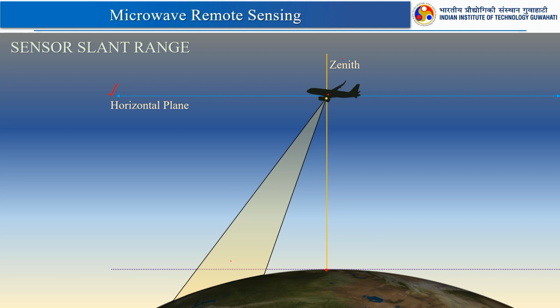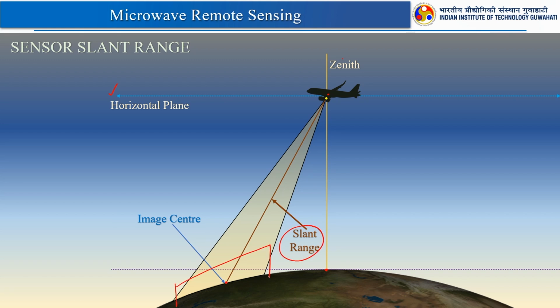This is looking at this particular area with some angle. So, this is called slant range, and this will be the image center because your image will be generated for this particular area. This will be your image center.